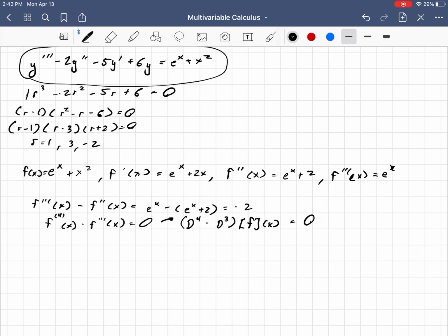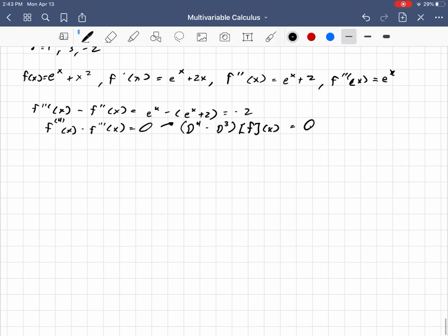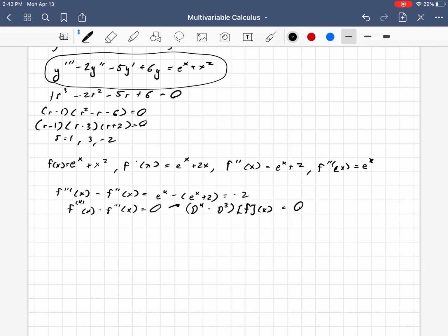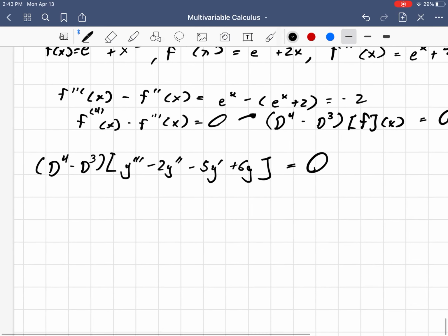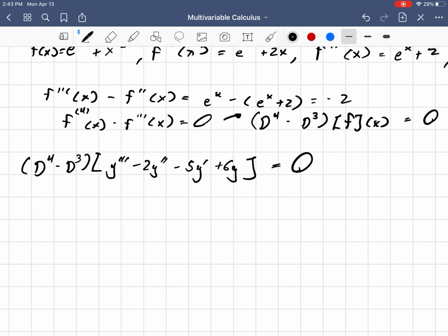So we can apply that operator to both sides of this differential equation, and we're going to get a homogeneous differential equation with constant coefficients, and we know how to solve those for any order. So we apply this operator, D to the fourth minus D cubed, to y triple prime minus 2y double prime minus 5y prime plus 6y. And the right side, when we apply the operator, it's going to have to be 0, right? We just showed it to be 0.